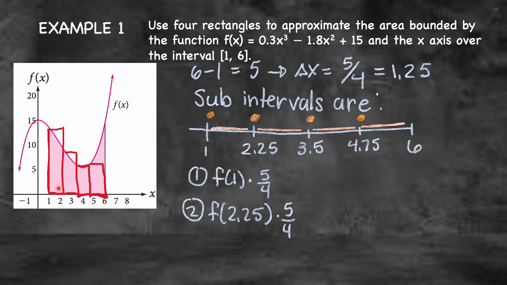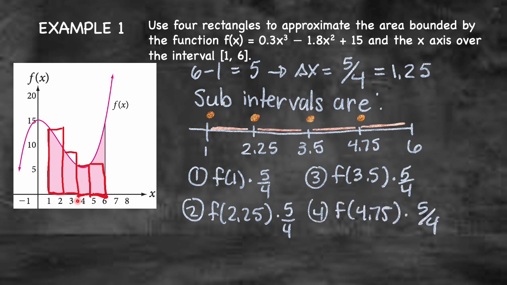Then I repeat that process for rectangle 2, but now I'm plugging in the point 2.25. That's this point right here that I'm plugging in to get the height of the second rectangle. And then I multiply it by 5/4, and that gives me the area of the second rectangle. So we just repeat that process until we find the area of all 4 rectangles.